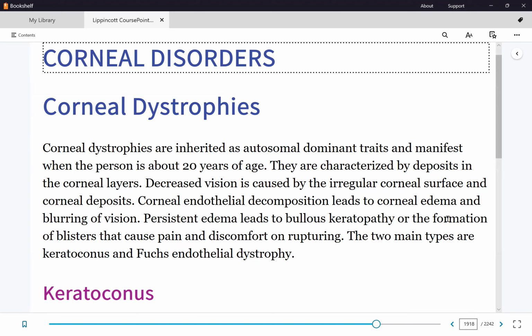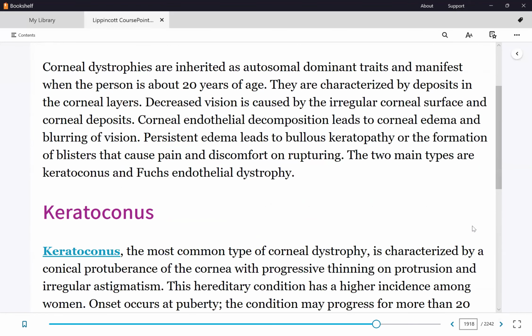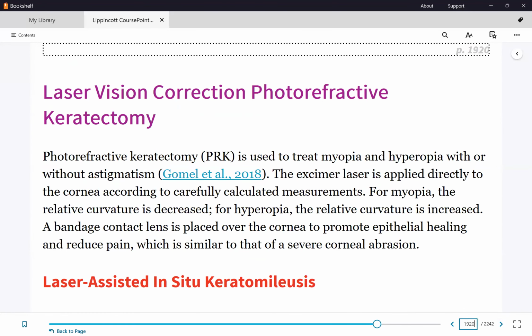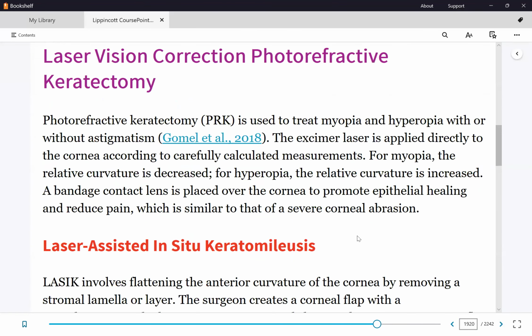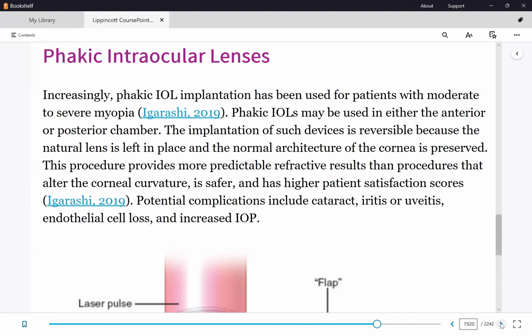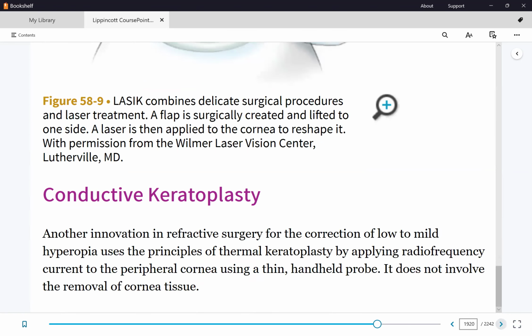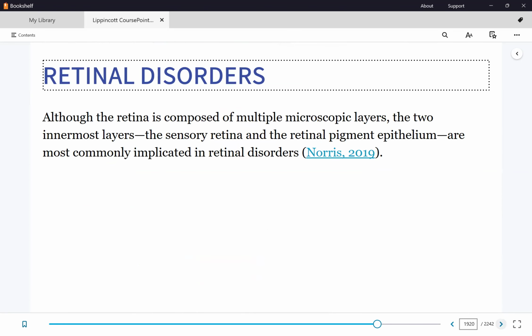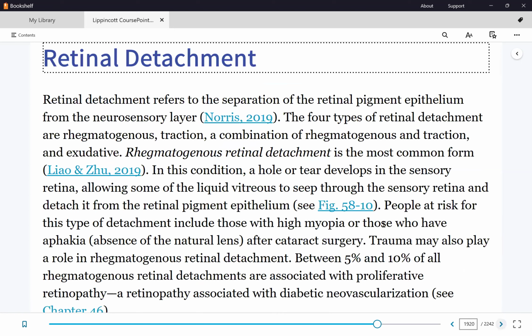Okay, let's go to retinal disorders. First one is detachment. Most causes of retinal detachment is trauma, including surgery.